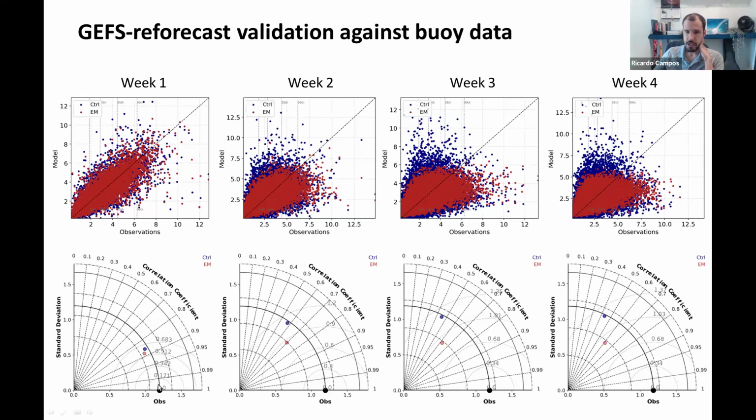Then as we move to weeks 2, 3, and 4, the ensemble mean preserves a better correlation coefficient, but the standard deviation is reduced. So the variance is being reduced significantly, and this is why we underestimate the storms and overestimate the small waves.